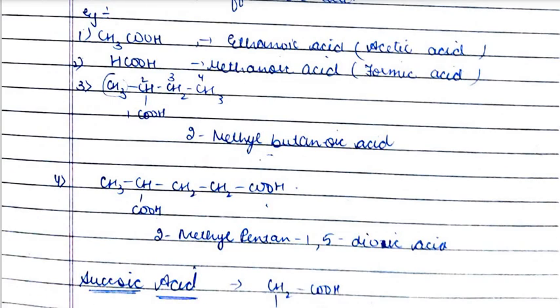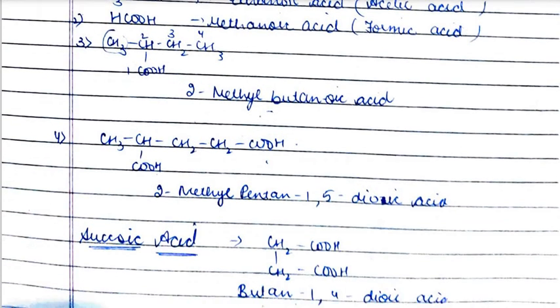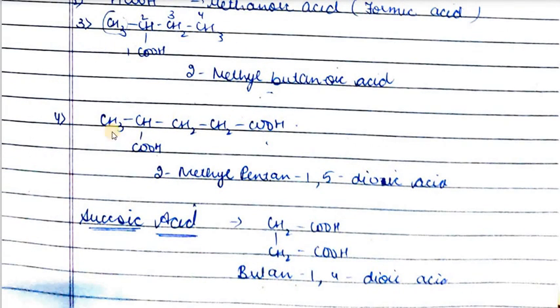Similarly, if we take up another example, that is CH3CH, COOH, CH2, CH2, COOH, in this compound 2 COOH groups are present, and these two groups are present at different carbons, so we have to first number the carbons.